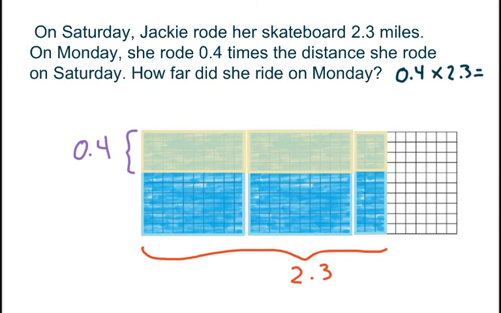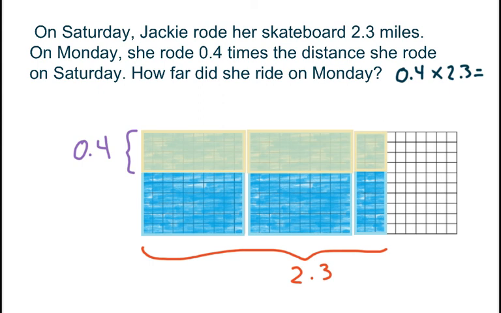Finally, we can use an overlapping area model to figure out how far Jackie rode her skateboard on Monday. So on Saturday, she rode 2 3/10 miles, but on Monday, she only rode 4/10 of that distance.